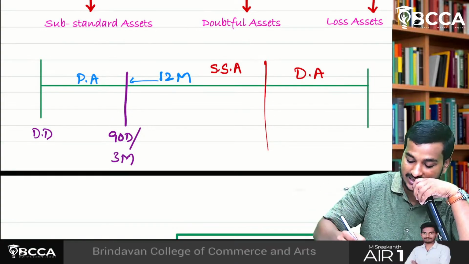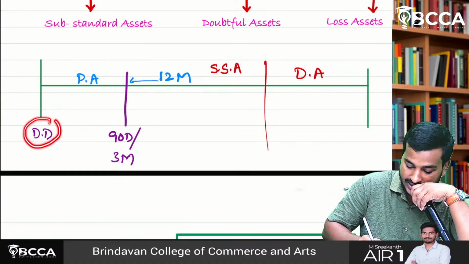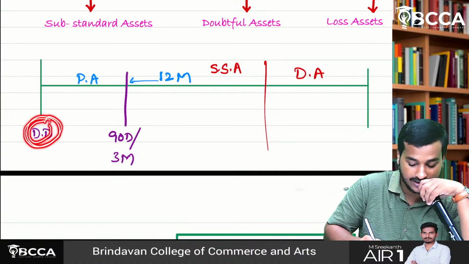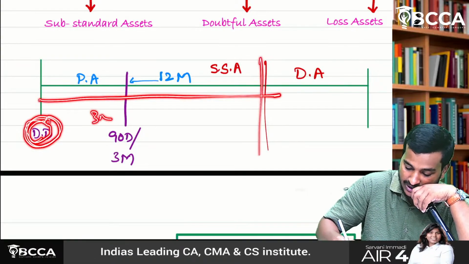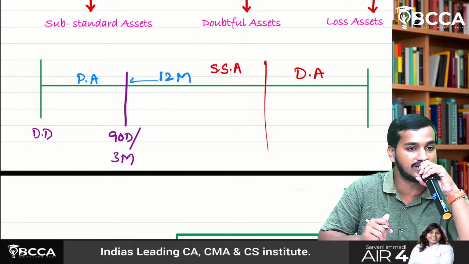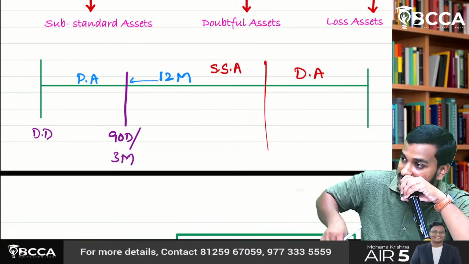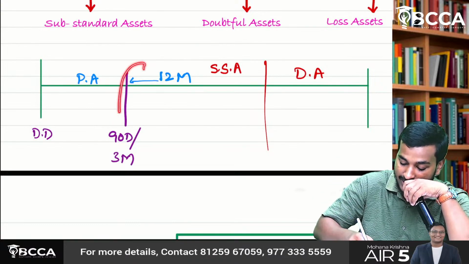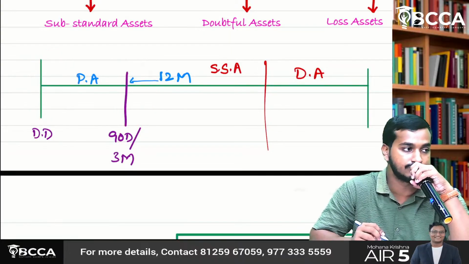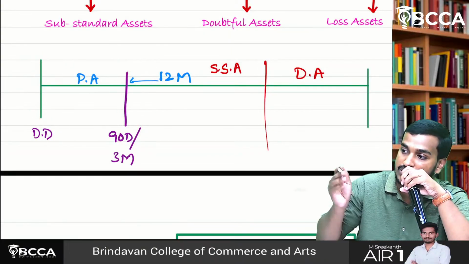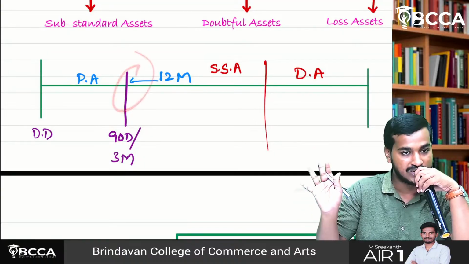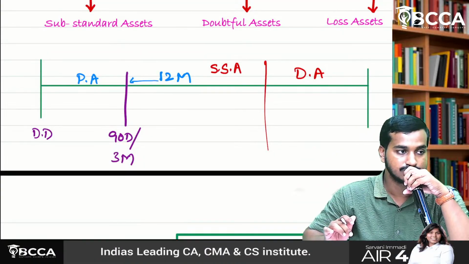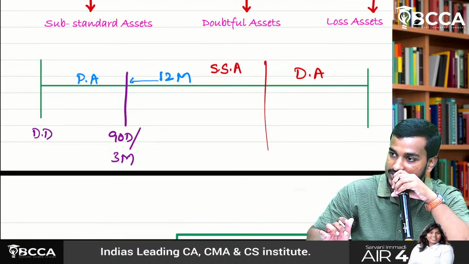People will ask 15 months from due date. What will happen? From here 15 months means 3 months plus 12 months, within this date only, substandard asset. You have to check whether it is from NPA status or from due date. To call an asset substandard, it is 12 months from NPA, or 15 months from due date. Are you getting my point, sir?